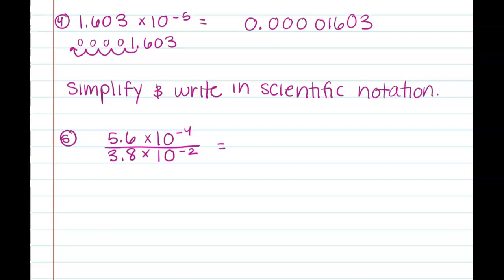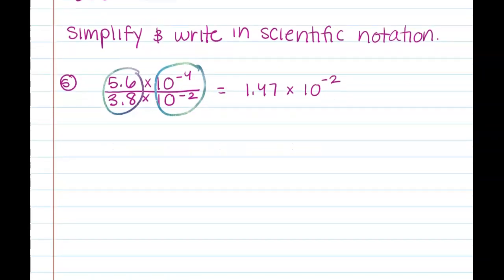So we can really just take 5.6 divided by 3.8, which is 1.47. Now we have 10 to the negative fourth over 10 to the negative second. So we have 1.47 times 10 to the negative 4 minus negative 2, which is negative 2. So we have 1.47 times 10 to the power of negative 2.